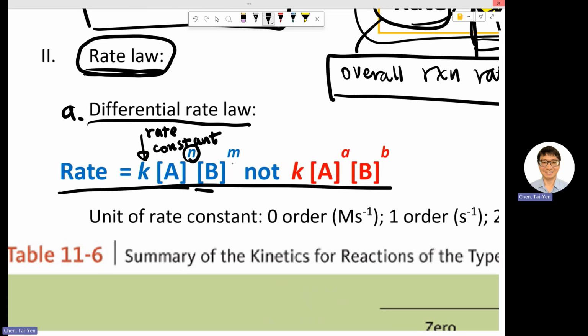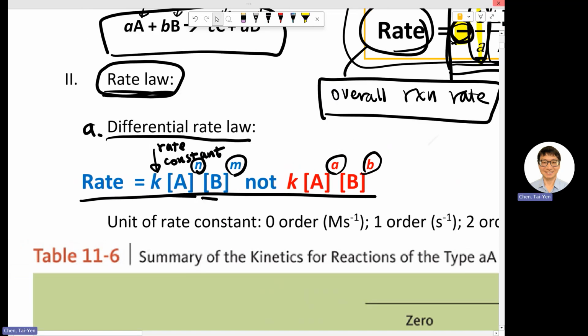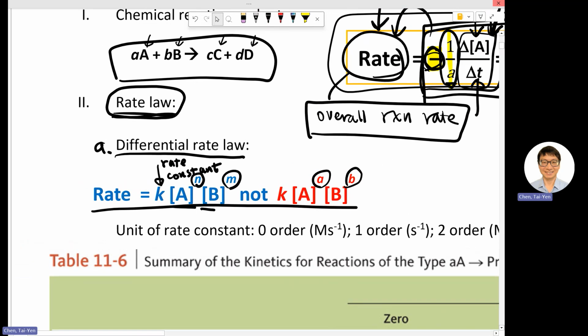Here you have this lowercase m and n, right? Those are not your stoichiometric coefficients. It is not lowercase a. It is not lowercase b. Those little lowercase m and n can only be determined experimentally.